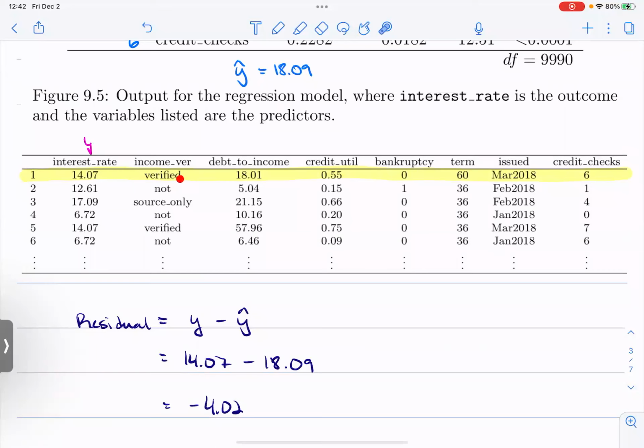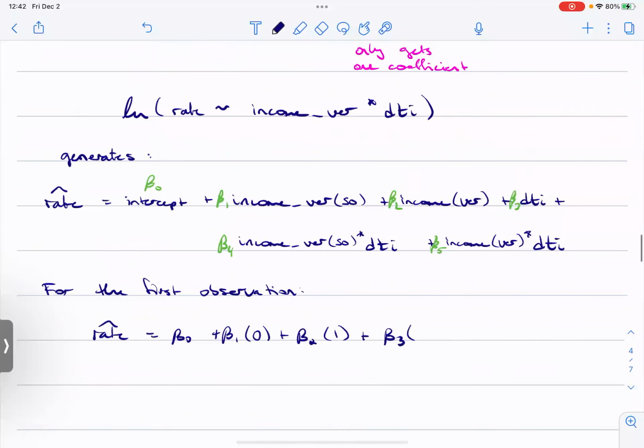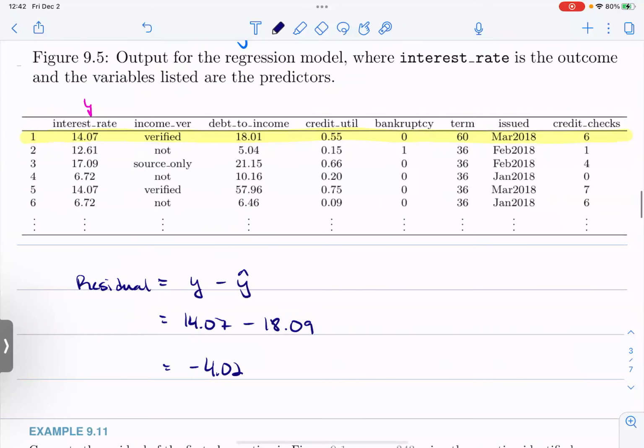It was verified, right? Which means the source only is 0. So that means I have plus whatever the estimate is times 0, plus beta 2 times it was verified, so times 1, plus beta 3 times whatever the DTI was. So far it's all the same.